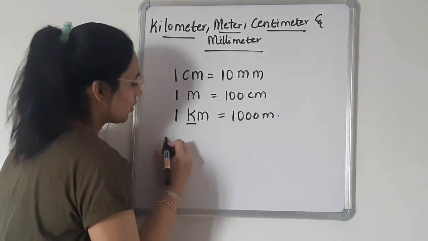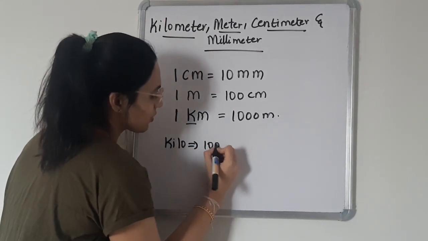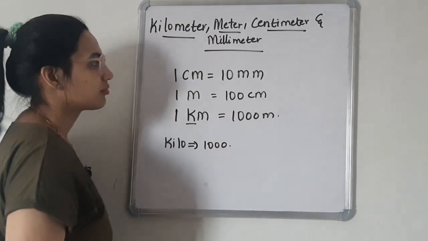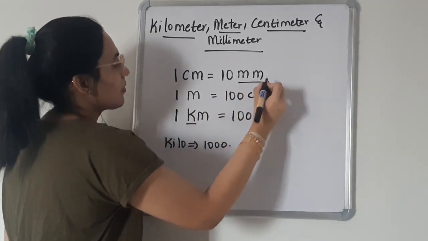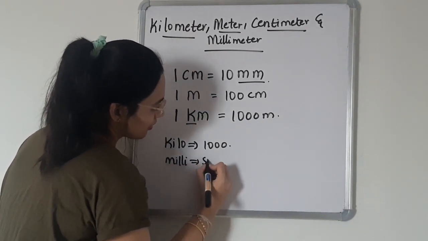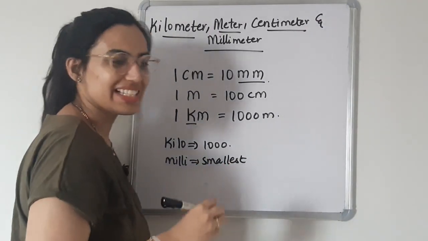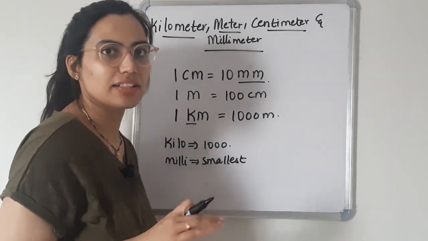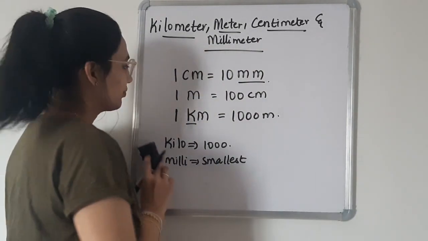Okay? Anything that starts with kilo is nothing but 1000. And anything that is milli is the smallest quantity. It's the least, the last and a very, very small quantity, or unit, you can say.